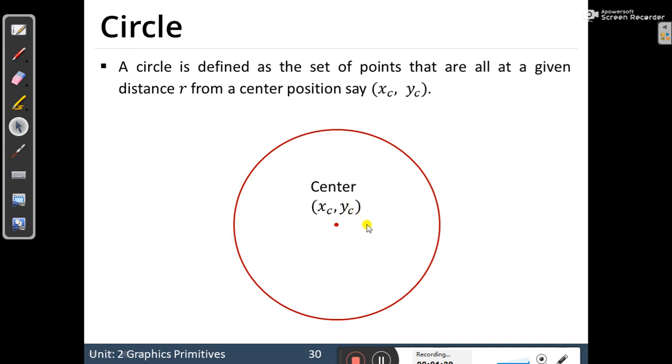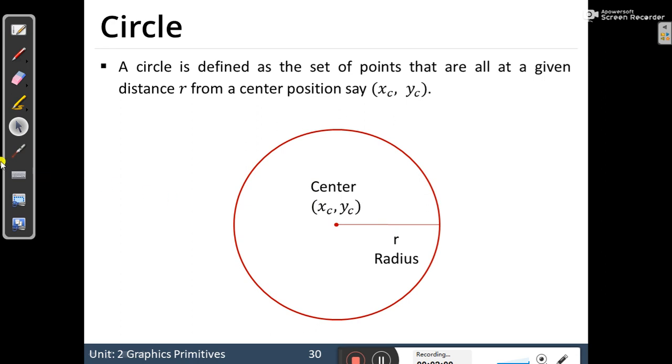Here you can see if we draw a line this way and draw a right angle triangle, then this will become the longest edge of that right angle triangle.